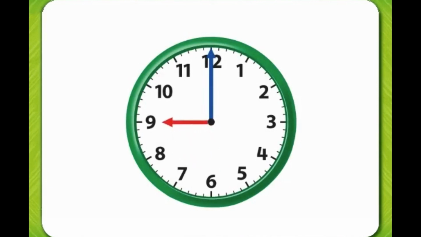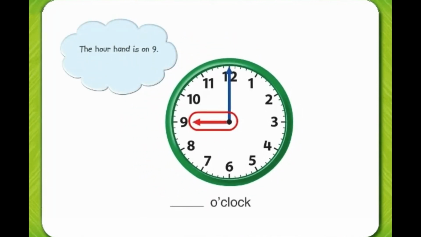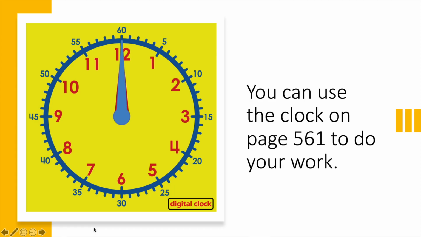Look at the clock. What time is it? The hour hand is on 9. The minute hand is on 12. The new hour starts on 12, so there are no minutes to count. It is 9 o'clock.